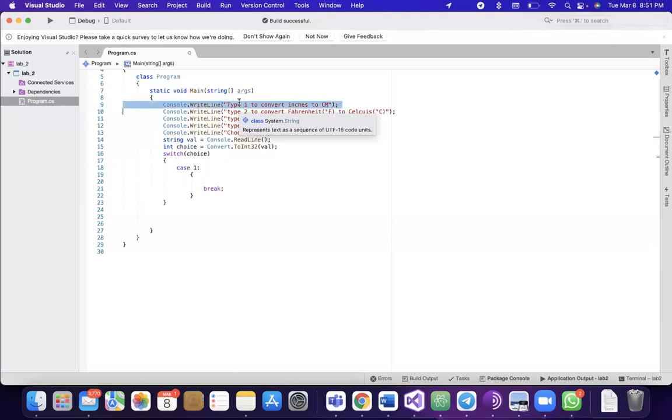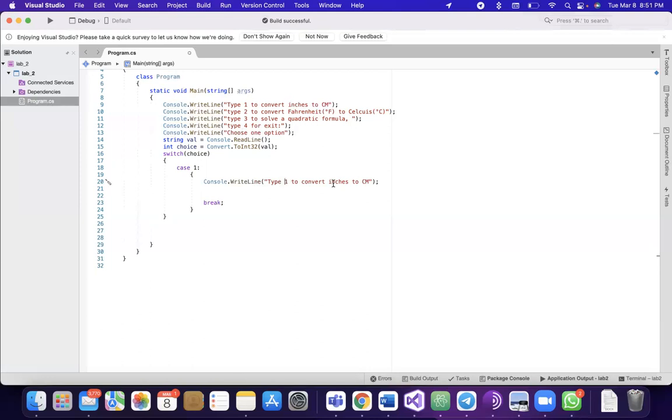Okay, so then they're going to enter the amount of inches. And so we're going to create another one of these. Or do we have to use double for it?